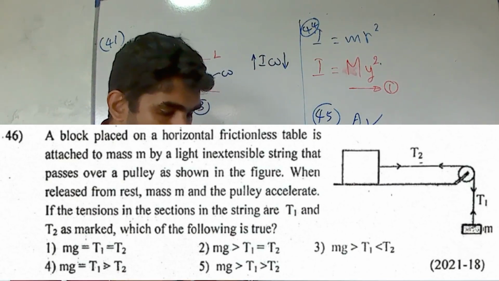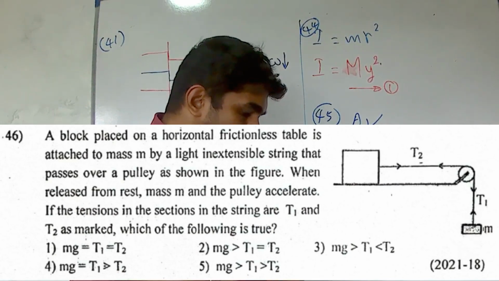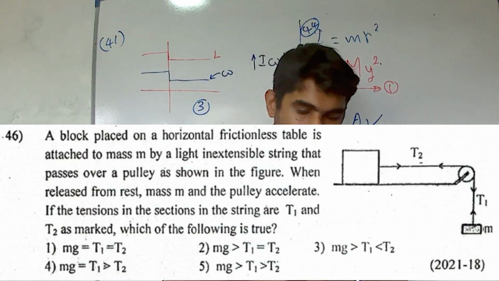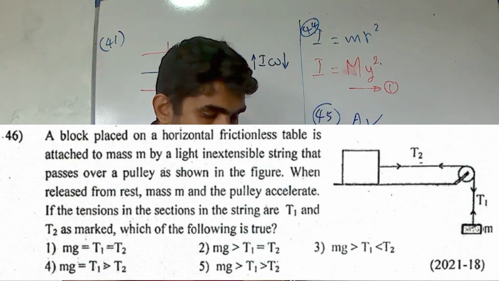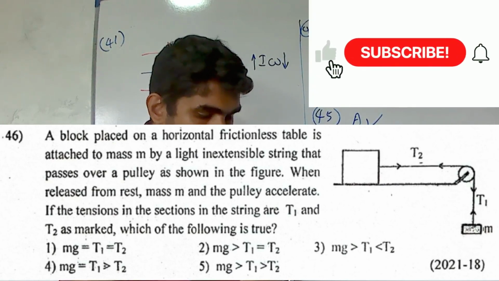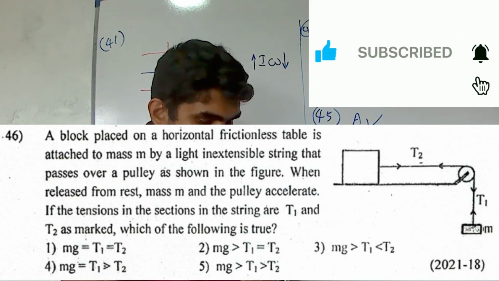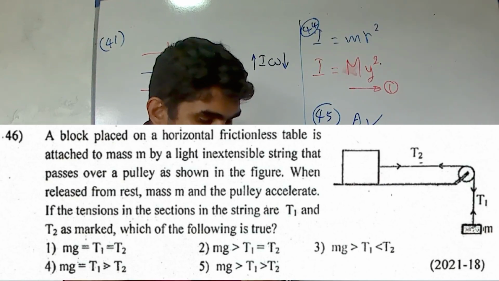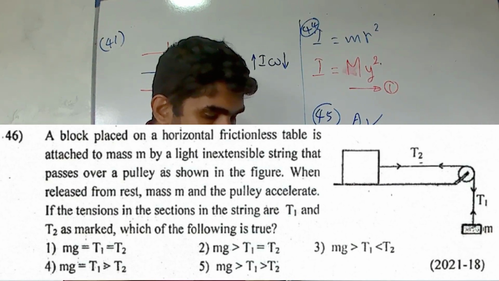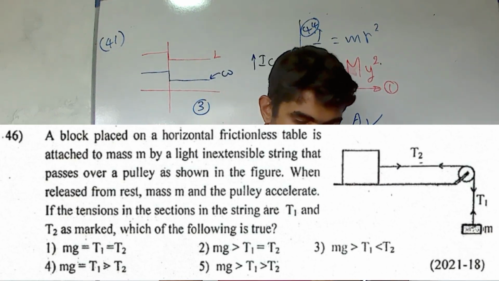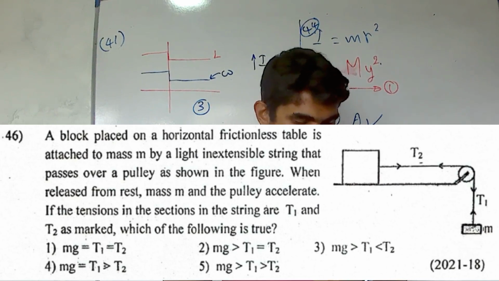Then question number 46. A block placed on a horizontal frictionless table is attached to the mass M by a light inextensible string that passes over a pulley as shown in the figure. When released from rest, mass M and pulley accelerate. The tensions in the sections of the string, T1 and T2, are marked.